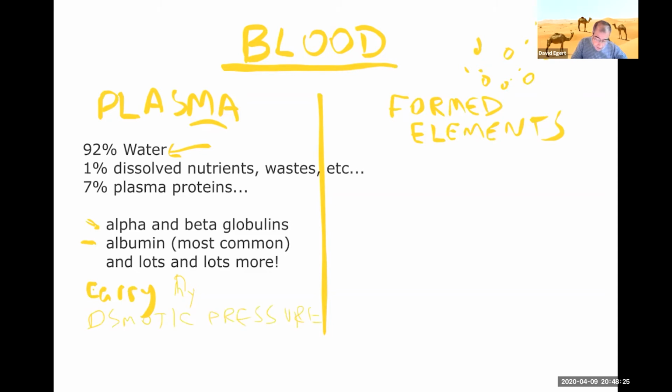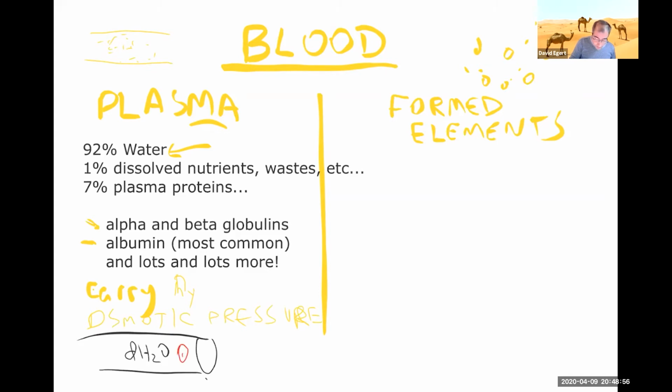If you remember osmosis from your Bio 110, let me do it this way. Let's say I have my blood vessel here, and let's say it was just distilled water.